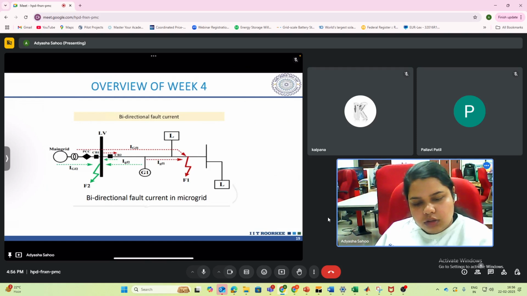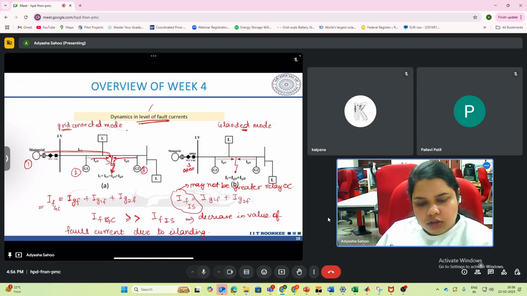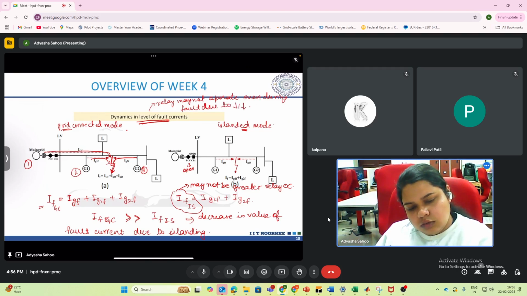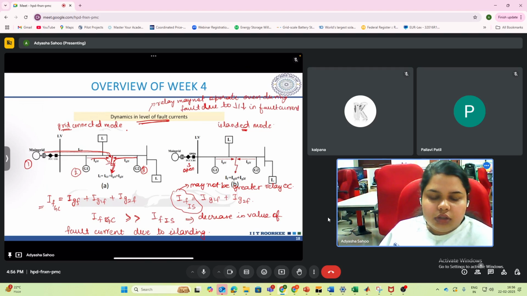Basically, the relay may not operate even during fault due to decrease in fault current, since the grid is not able to feed the fault.